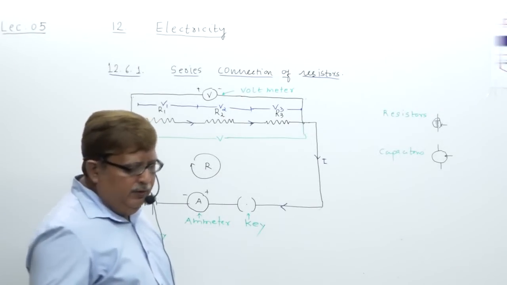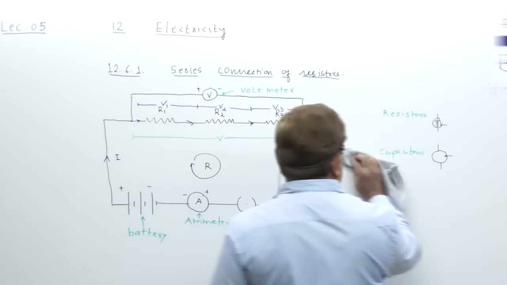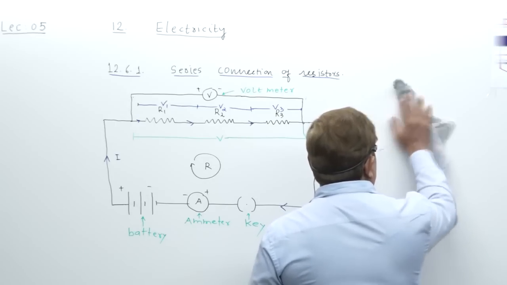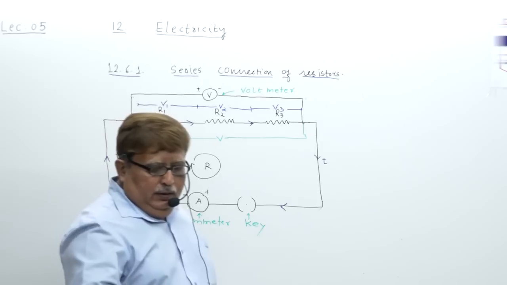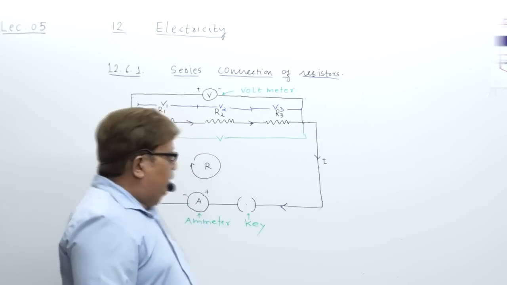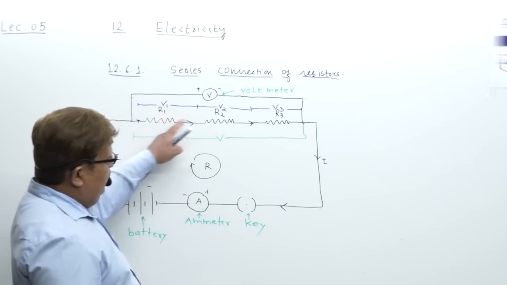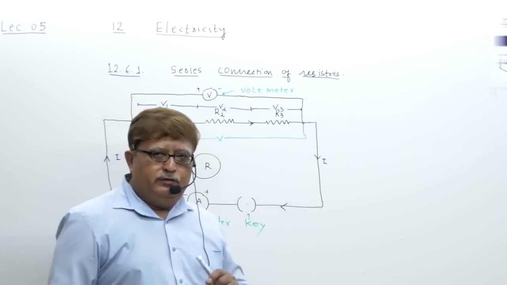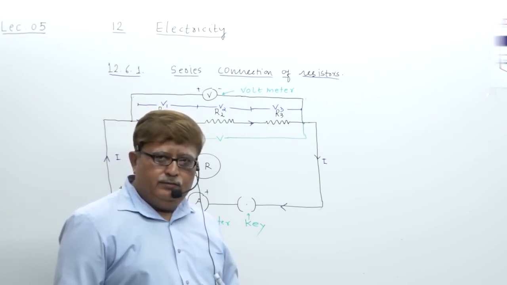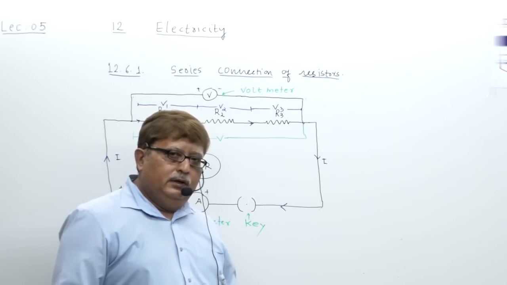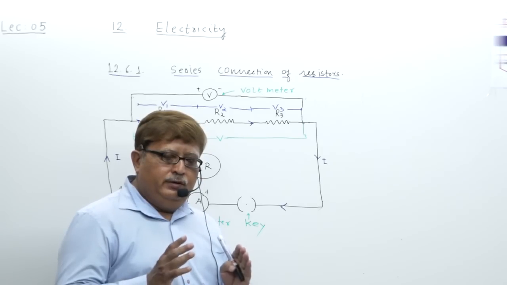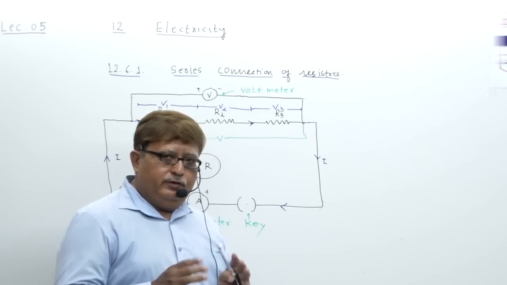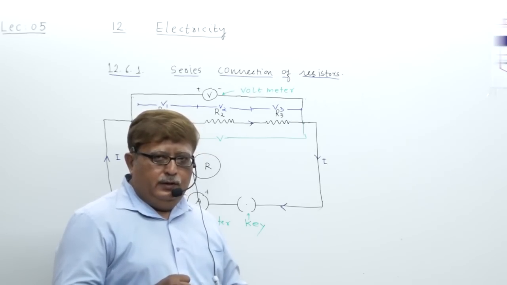You all know one thing, that the amount of current passing through each resistor remains the same, that is I, but the potential difference across each resistor is different.